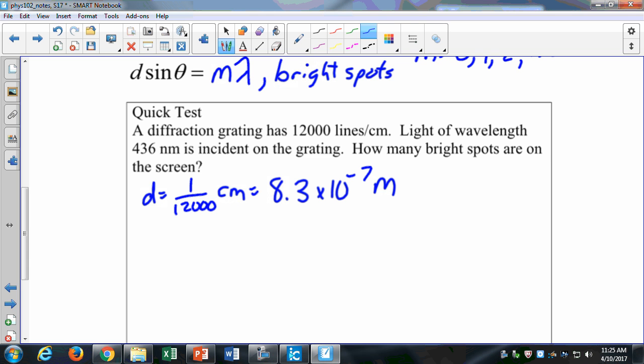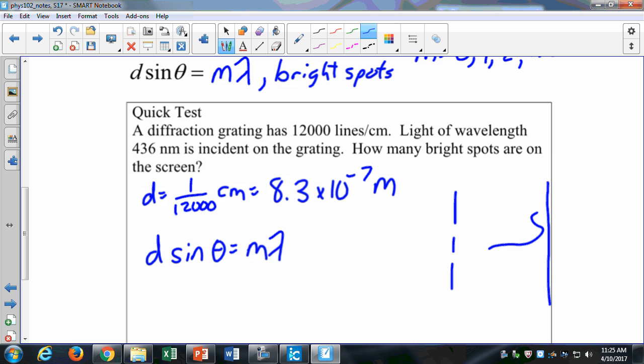And now I want to know the number of bright spots. So I say d sine theta equals m lambda. Now we haven't done this yet, but let me posit to you that if I have a double slit, I'm going to draw it as a double slit because it's easier to just draw 2 slits, but it's the same for a diffraction grating.